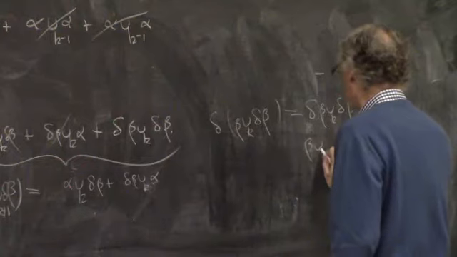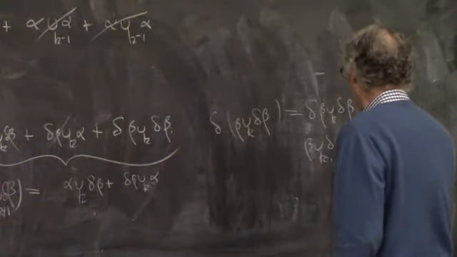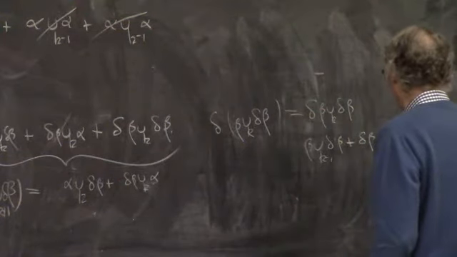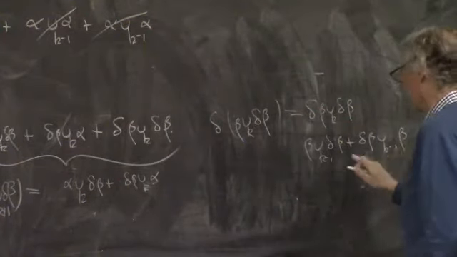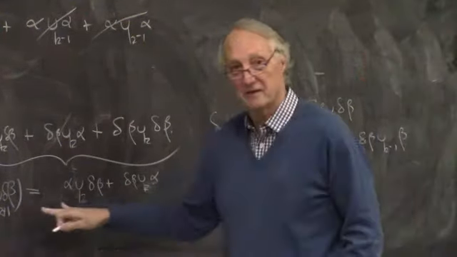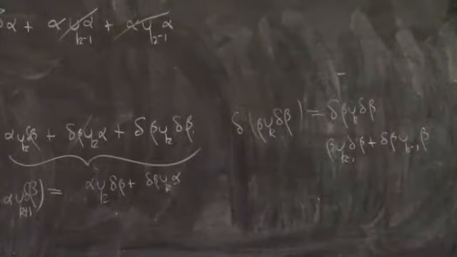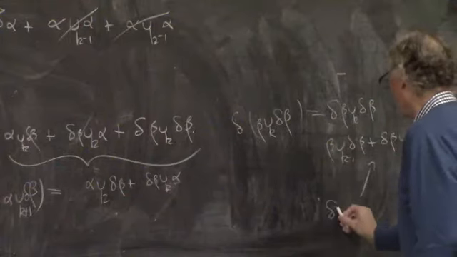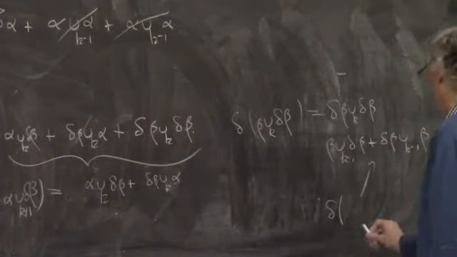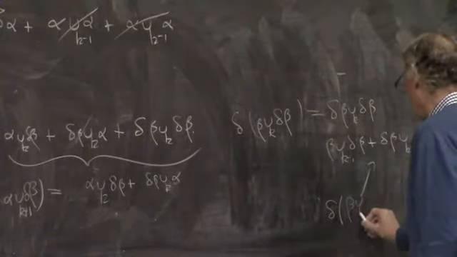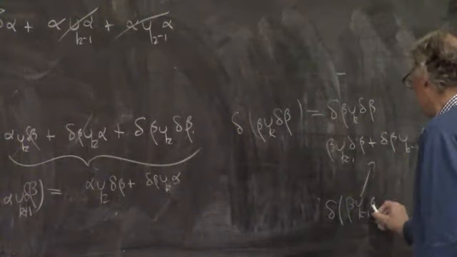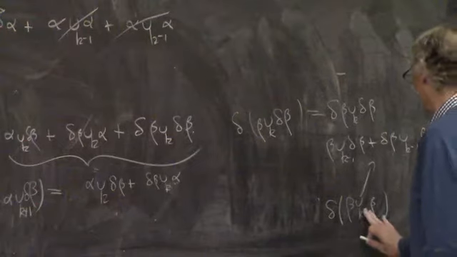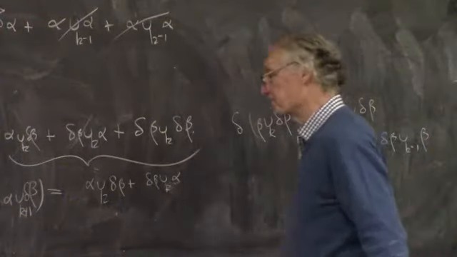Beta cup K minus 1 coboundary beta plus coboundary beta cup K minus 1 beta. And this I just put over here, so this is the coboundary of beta cup K minus 1. That doesn't seem right.